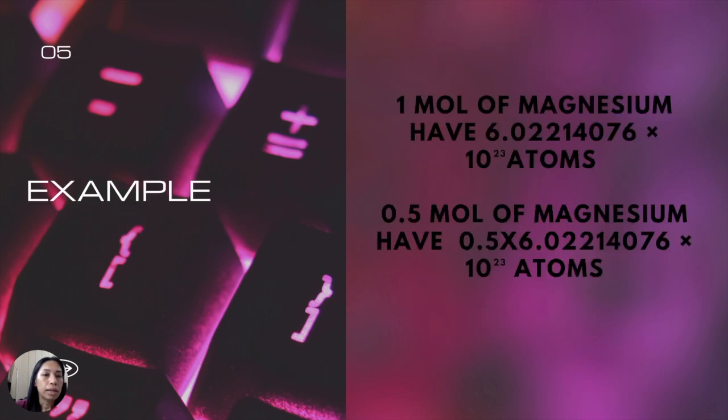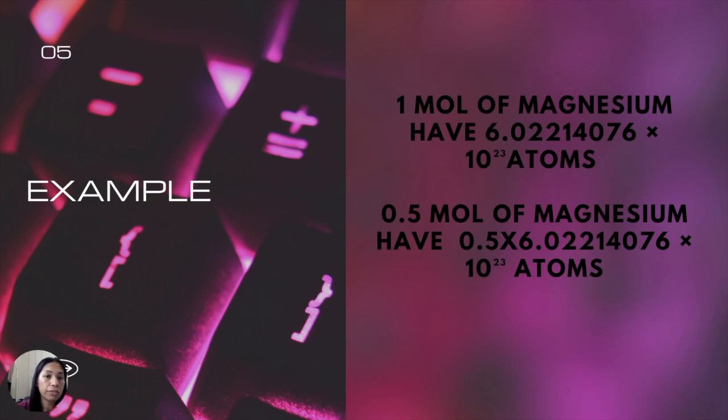If you want to calculate the number of particles for substances made of atoms, 1 mole of magnesium has 6.02214076 times 10 to the power of 23 atoms.